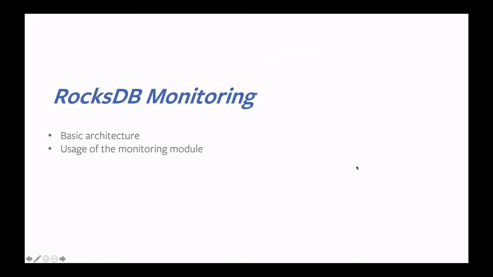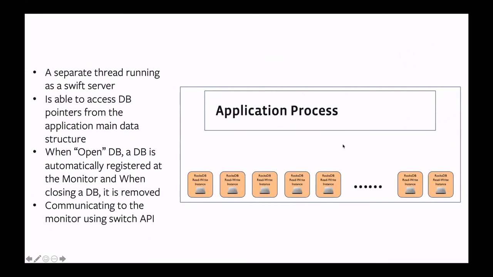The next part is about monitoring, how we do the tracing. When we use RocksDB, since it is just a library, we have an application process which maintains the DB pointers and calls those DB APIs.